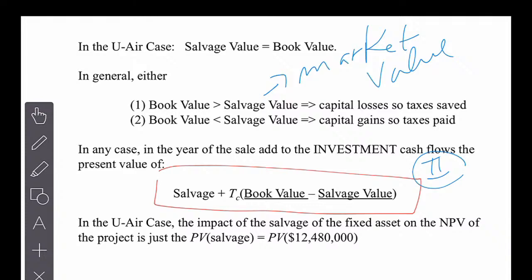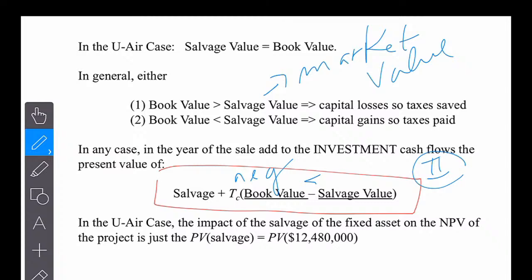If the salvage value is higher, though, you see this is going to be negative inside. So if salvage is bigger than book, that's going to be a negative, and so you have to pay taxes.